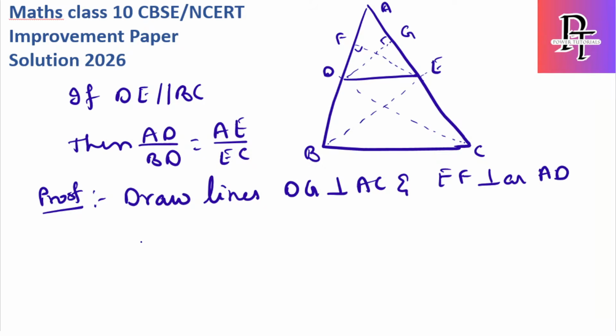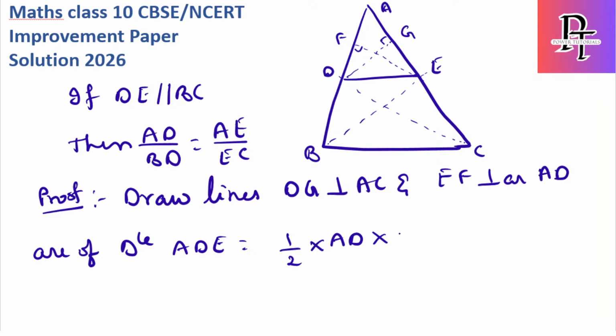Now area of triangle ADE, I can write it as half into AD into EF. This I can also write the other way, half into DG into AE.